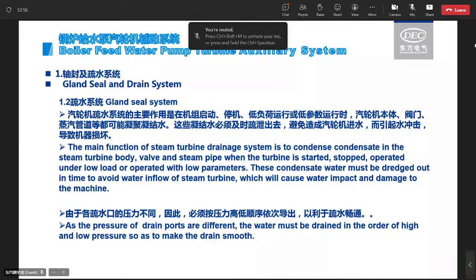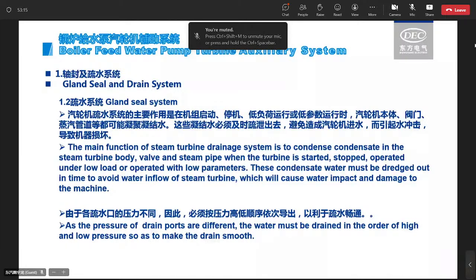This condensate must be drained out immediately to avoid water impact, which will damage the unit.